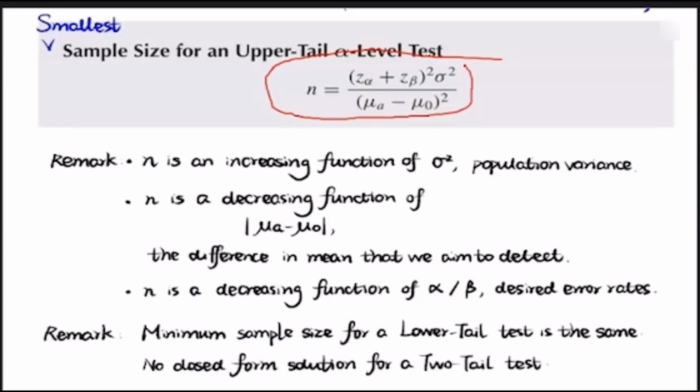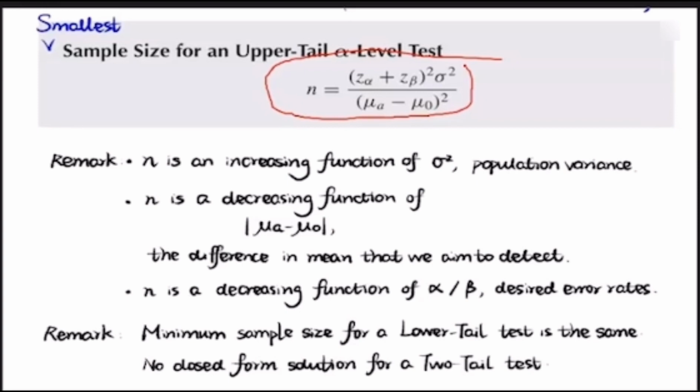And of course, we have a remark here. The minimum sample size for a lower tail test is the same. Here I derived this formula considering when the alternative is an upper tail. Even when the alternative is a lower tail, it's still going to be the same.